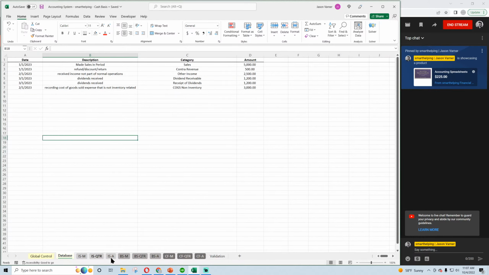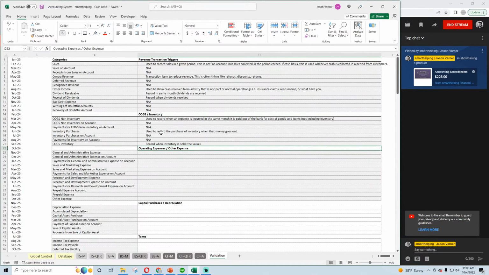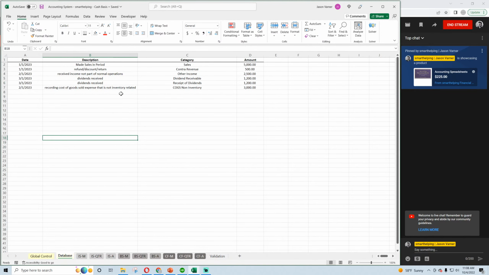All we had here was, you buy inventory. Whenever you pay for it, that increases the value of your inventory, and then whenever you sell it, it goes down. And we could put that here, let's say in March. So much simpler on the cash side. Record when inventory is sold.